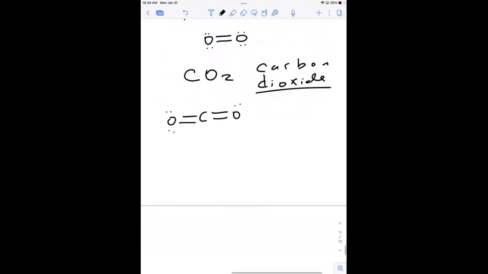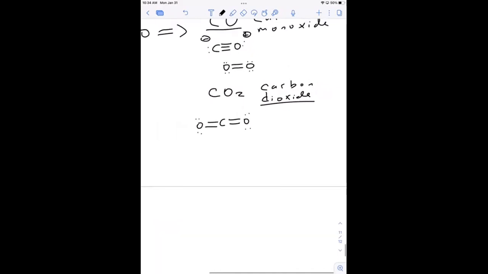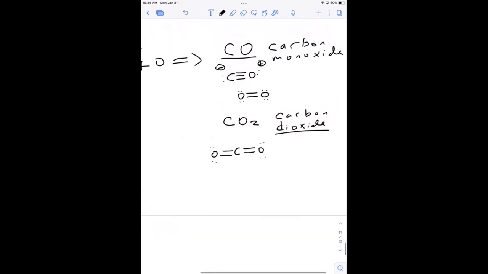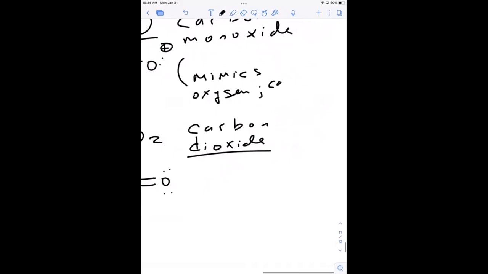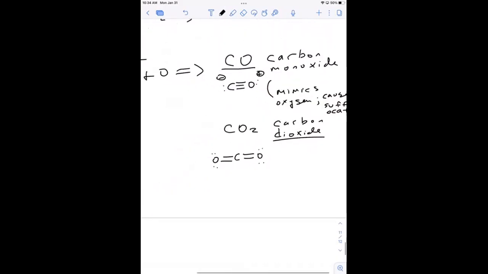If y'all remember from when we first started talking a little bit about bonds and stuff like that. There's a double bond on each side of carbon. And then up here, this is a triple bond between carbon and oxygen, right? Two totally different compounds. Right?